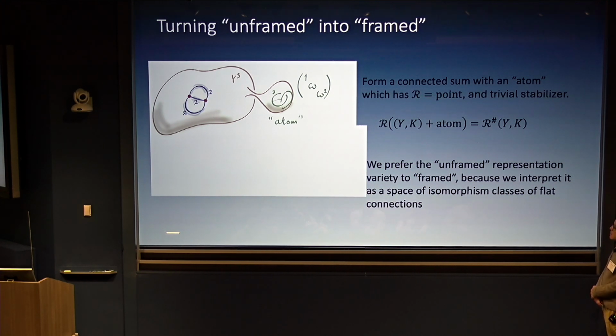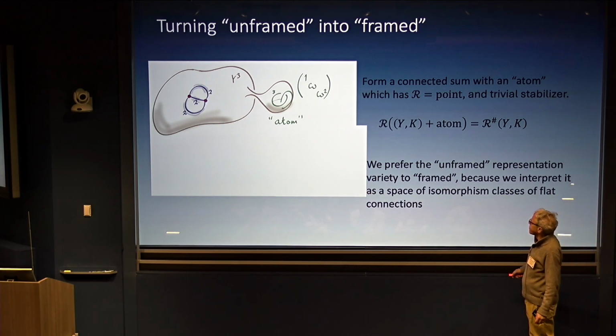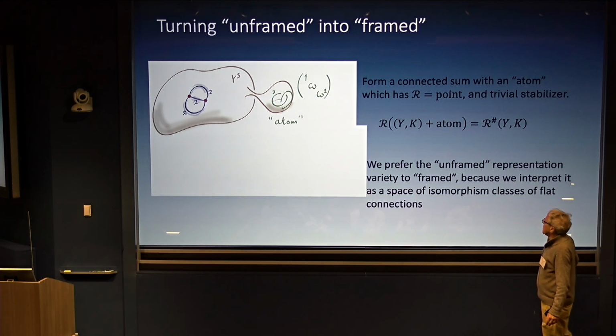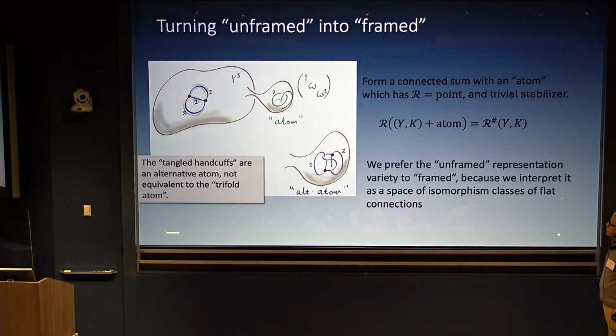So that's, behind the scenes, a device we'll be using to make the gauge theory sensible. And we really want to use the left-hand thing, even though the right-hand thing is the thing that's easier to describe. There are other choices of atom. This will come later in the talk if I don't run out of time.